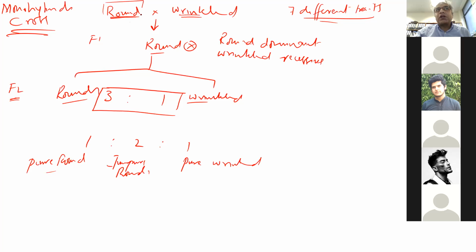He postulated that the round trait is controlled by a pair of factors and he started giving them symbols. He said the one which is dominant, round, I'm going to give capital letter R. And the one which is recessive, I'm going to represent it with small letter r. And his real hypothesis was these factors exist in pairs. That's why he wrote a pair, capital R, small r, small r.